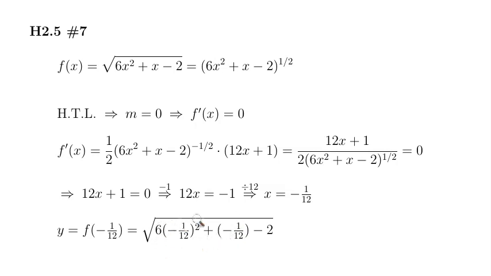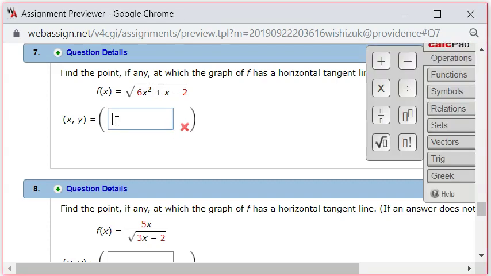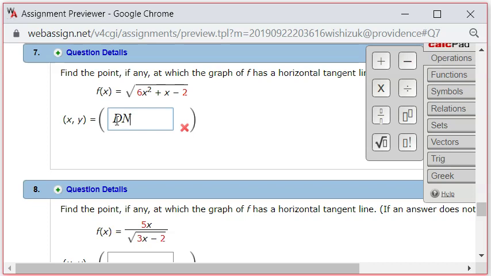So you can see that the expression inside the square root is actually negative, which means that f of negative 1 over 12 is undefined. So maybe I'll just write that. This is undefined. Unfortunately, even though we could find the x value, at that x value this function is not even defined. So the answer is going to be does not exist.